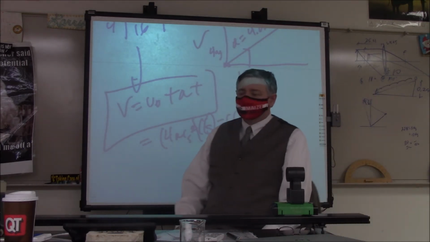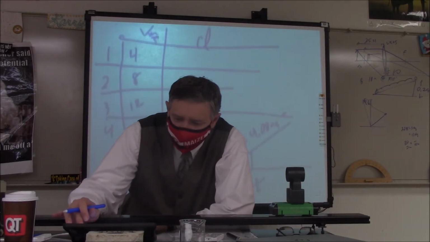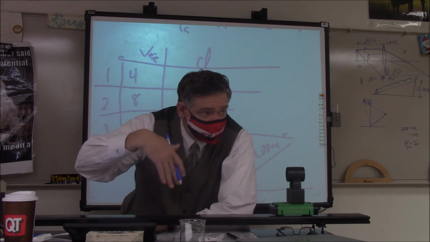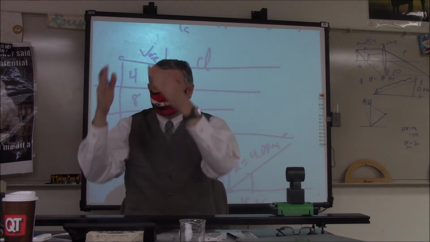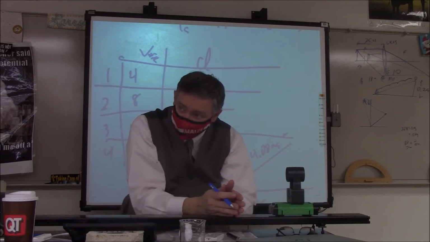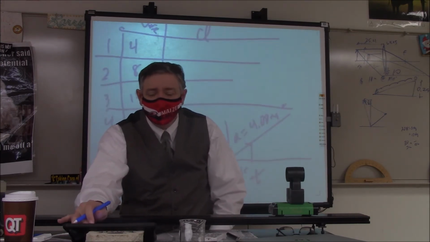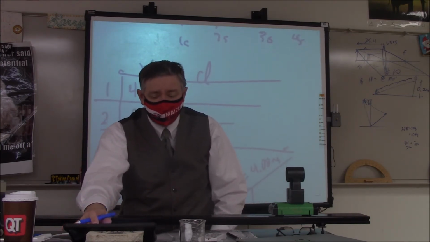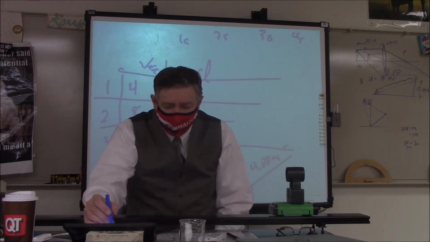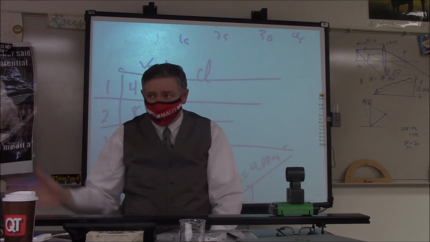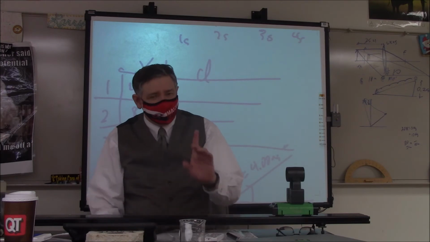So velocity changes as a linear function of time. It's important because it's just acceleration times time. Now, here's the next question. I want to know how far it's traveled at the end of 1 second. So, Kara, could I do this?